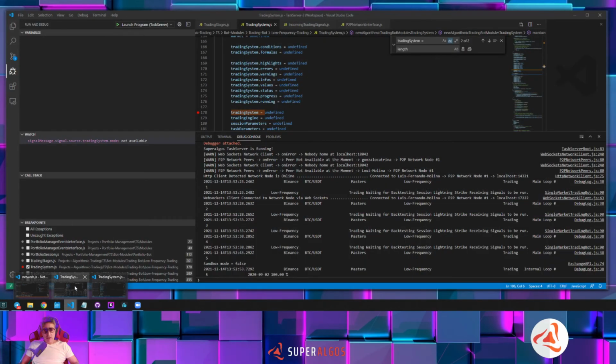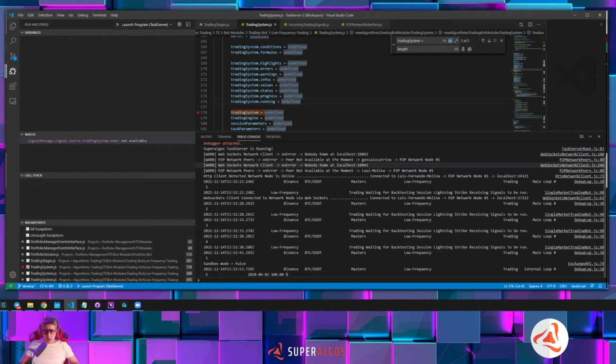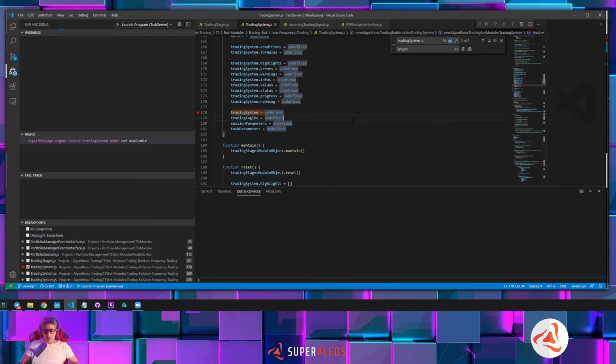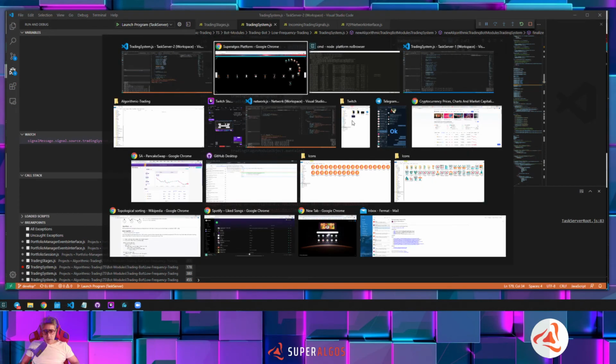Probably number 2 is good to run the lightning strike strategy without signals. So you can run. Running.